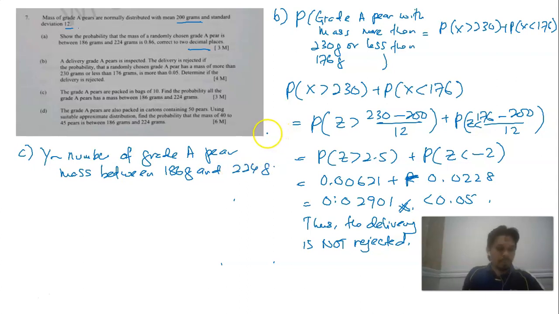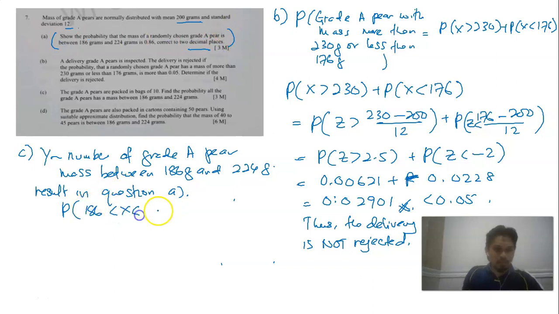Okay, so based on the result we got in question A just now, look at the solution of A. The probability for 186 to 224 is equal to 0.86.